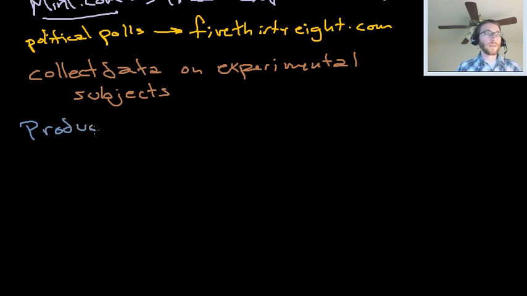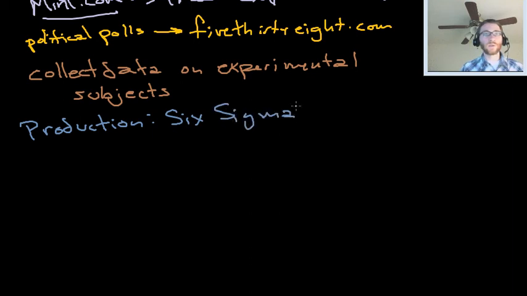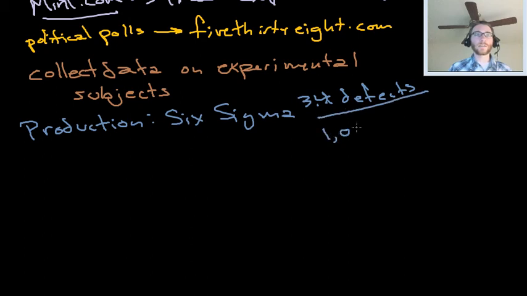In a Six Sigma methodology, what they're trying to do is produce only, not 1 defect, 3.4 defects per million products. That's a lot of good products and not so many bad ones. That's very good quality control.